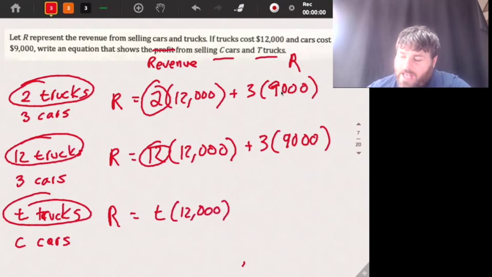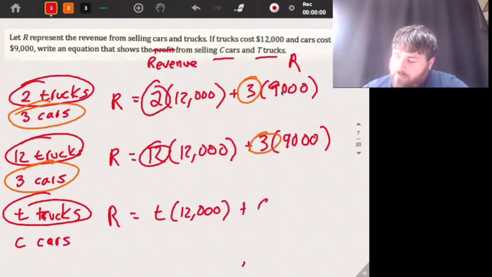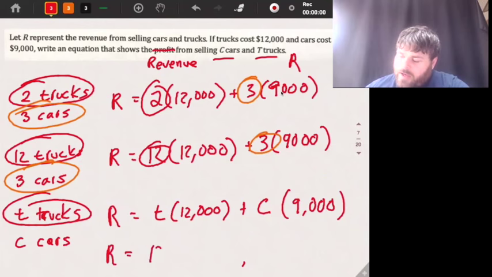Now, if you remember from the last problem, we're actually going to switch that because I don't say T 12,000, I say 12,000 T, and you won't see T 12,000 on the test. Same thing here, though. When cars was 3, you saw 3 here. So the same thing is going to happen when I have it be C cars, C times 9,000. Now, go ahead and put your numbers out front, just because it's tradition, we write it with the number out front.